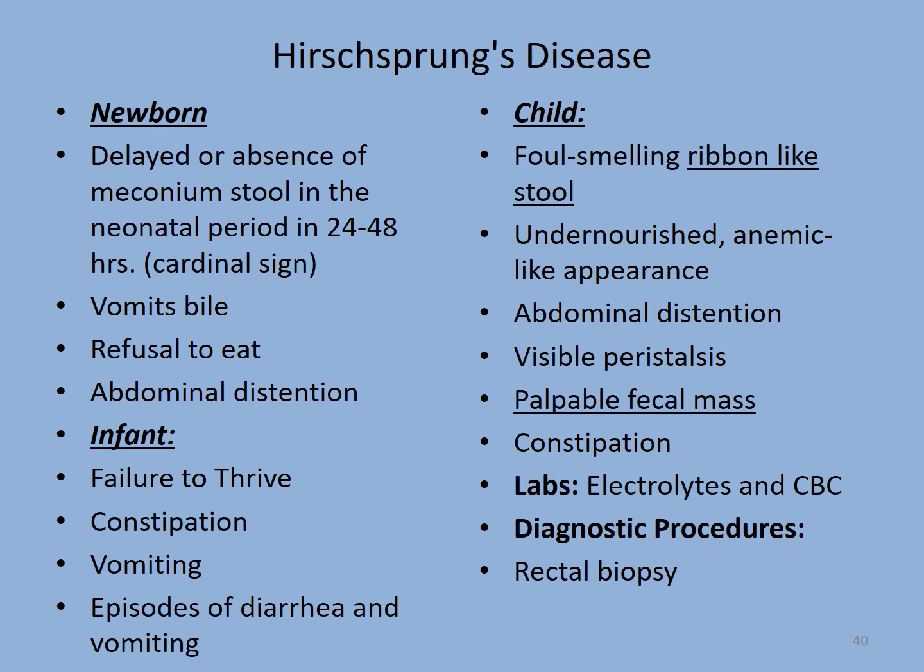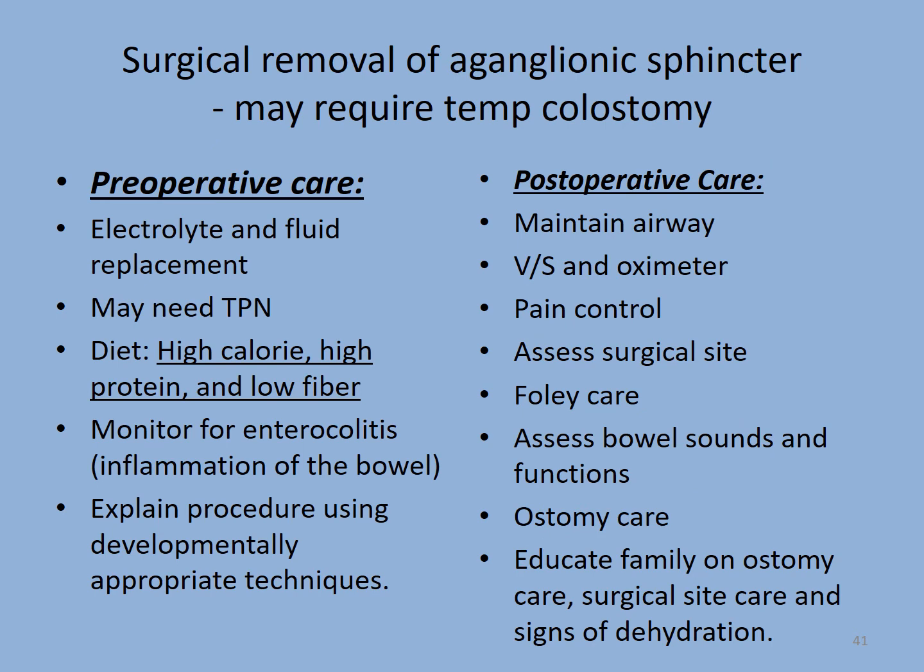Electrolytes and CBC will be drawn to see if the child is anemic and if they're dehydrated. And they usually will do a rectal biopsy, and they can see that the colon is not performing. So they end up having to remove the aganglionic segment, and temporarily, most of the time, the child will get a colostomy for a while.